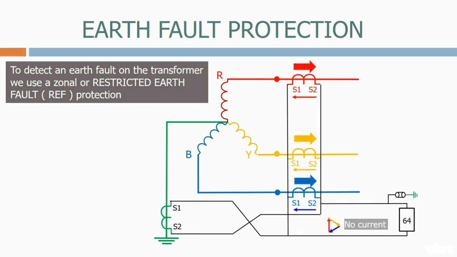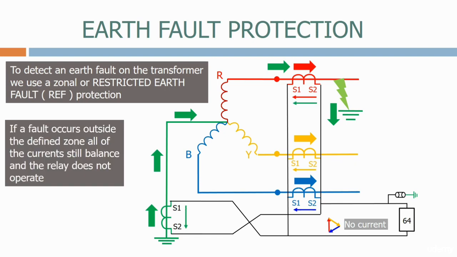Let's now apply a fault on the red phase outside the zone and see what happens. As expected, we now get additional earth fault current on the red phase. This is now balanced by the current detected by the CT on the ground connection. If a fault occurs outside the defined zone, all of the currents still balance, and the relay does not operate.